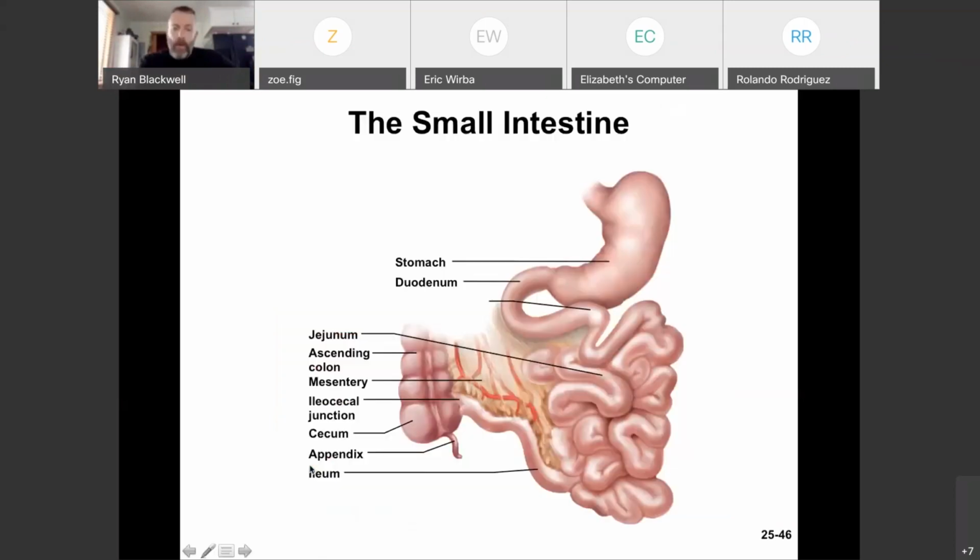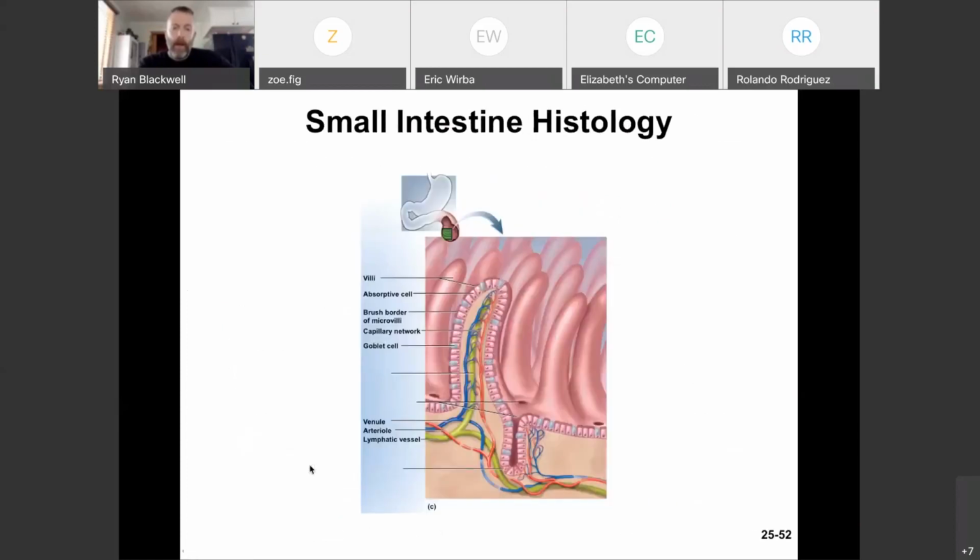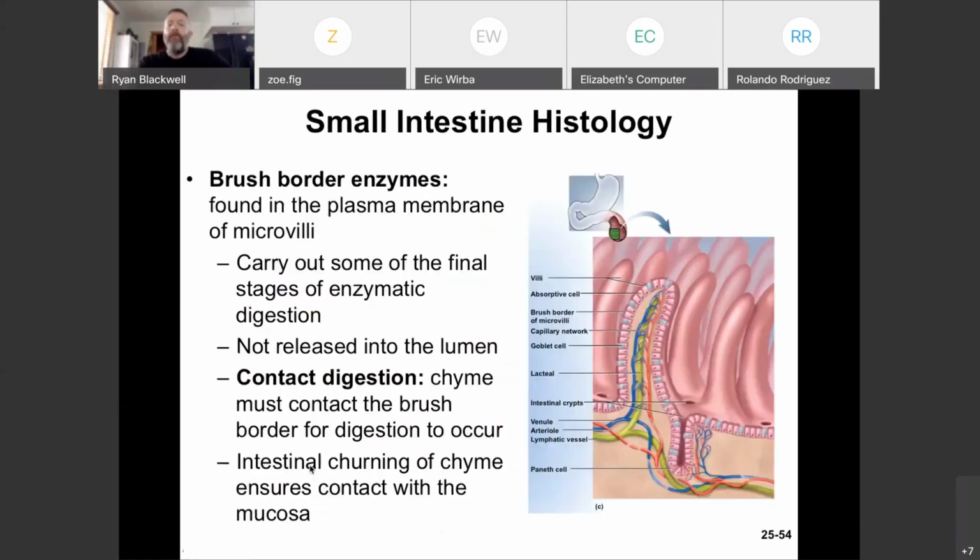Now, let me see here. Here we go. My slide number 54 is talking about these brush border enzymes in more detail.